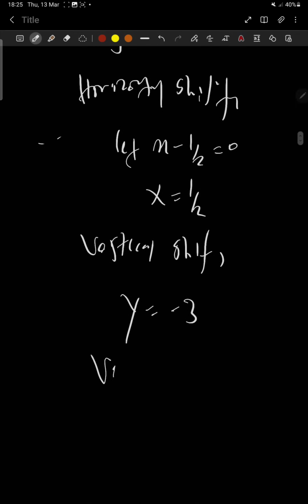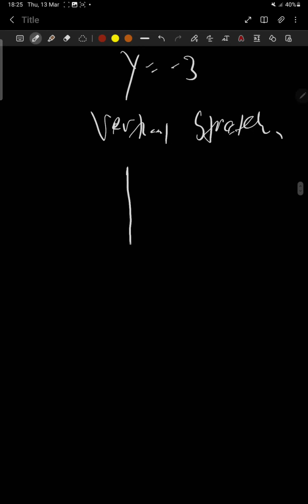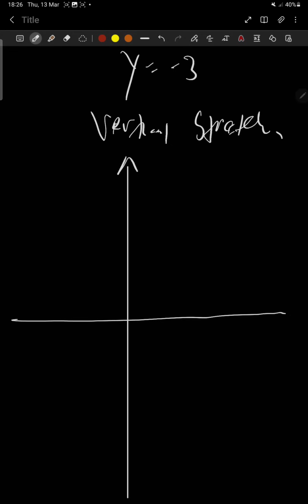Then there's a square root of 2 there, which represents a vertical stretch. Why? Because it's bigger than 1. If it was less than 1, we would have a compression, and the compression always goes inside. The vertical shift always goes outside, if we're dealing with square roots. So we're going to have this.